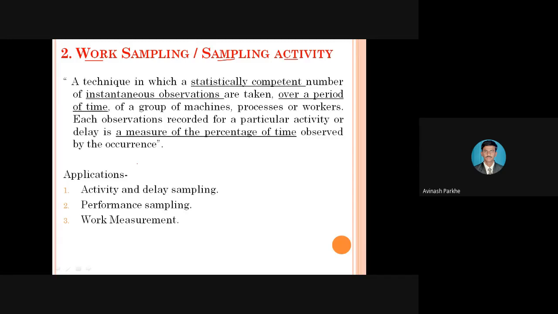And if we make a number of observations over a period of time, you will get detailed information like how many machines are in working condition and how many machines are in idle condition.